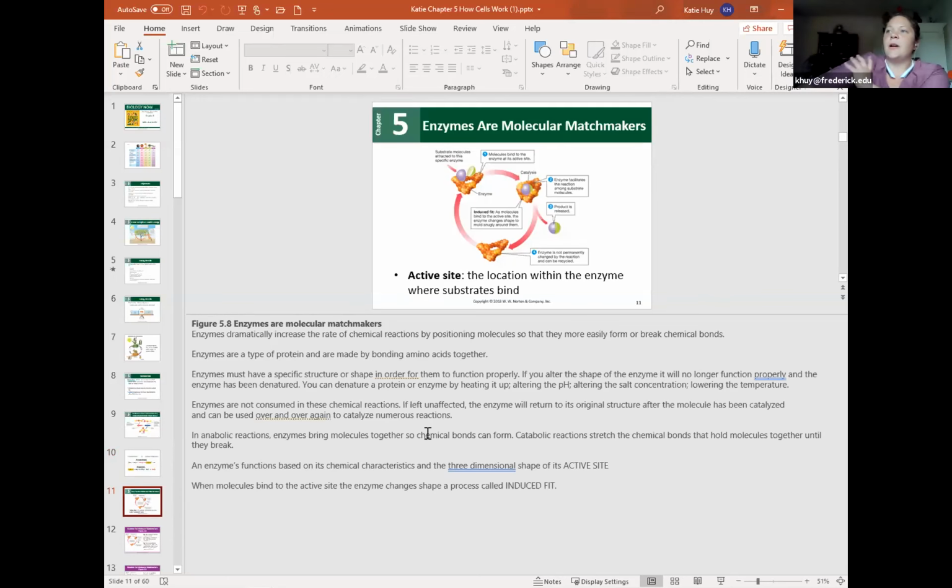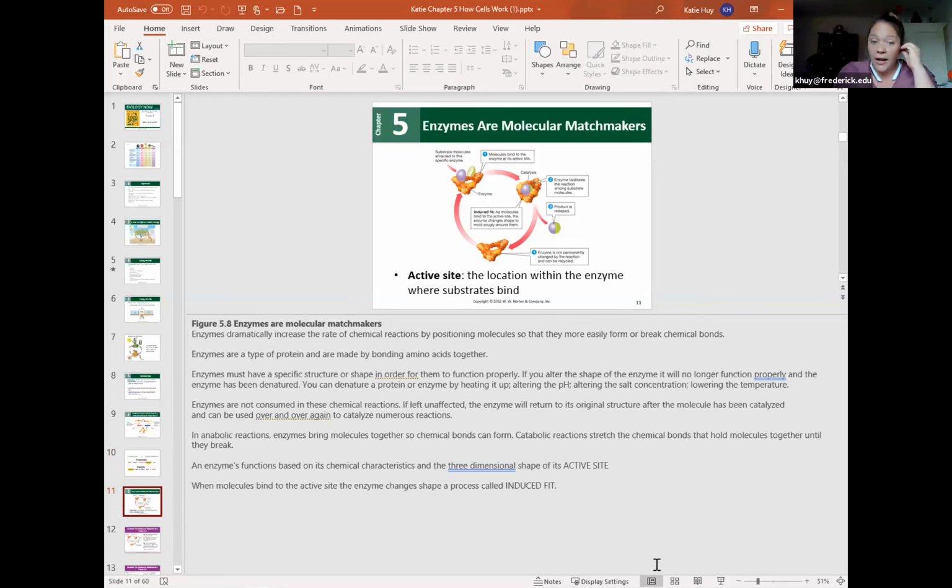Okay, so another piece that I want you to know about are enzymes. And enzymes are what speeds up a chemical reaction. An enzyme is a protein, and so it's made out of different chains. And there's all different kinds of enzymes that do have different kinds of functions and structures.